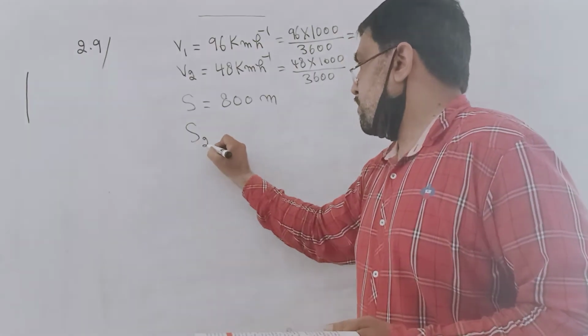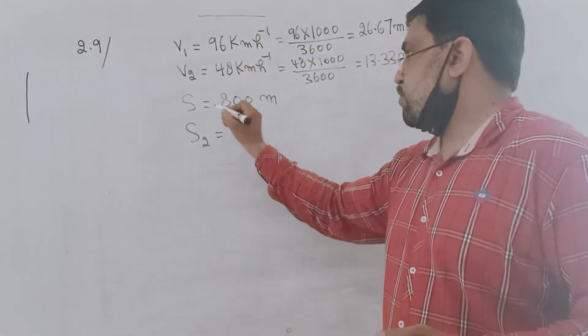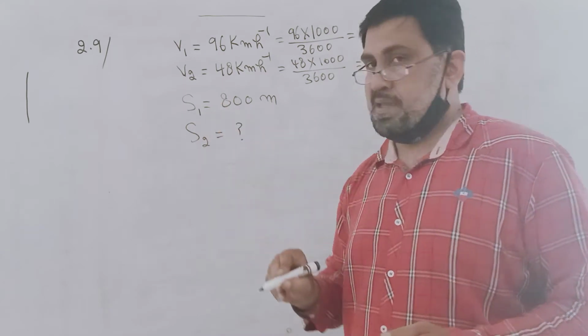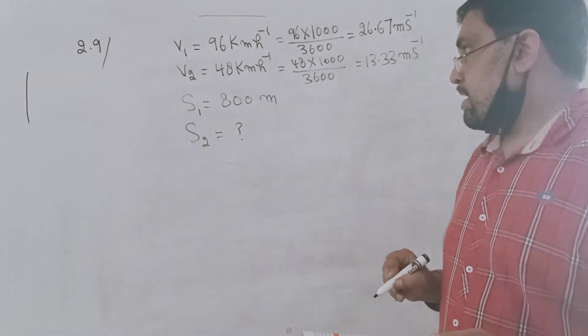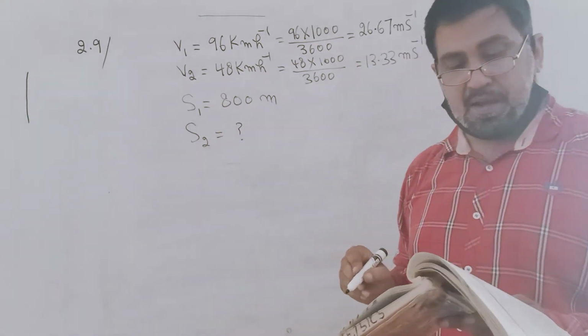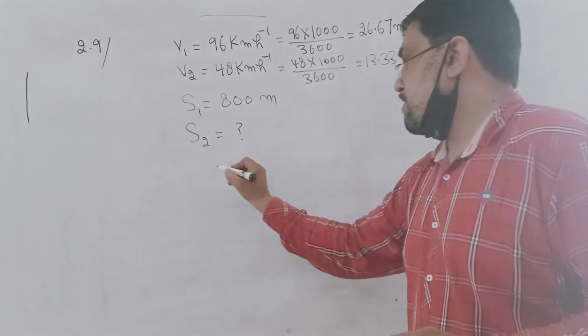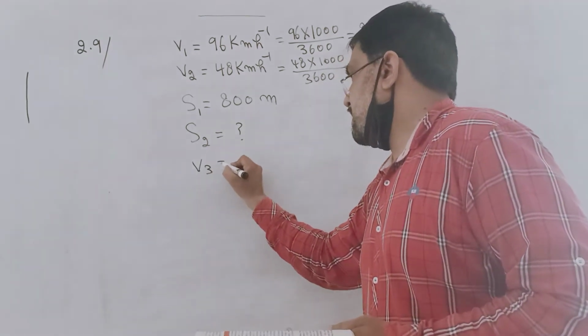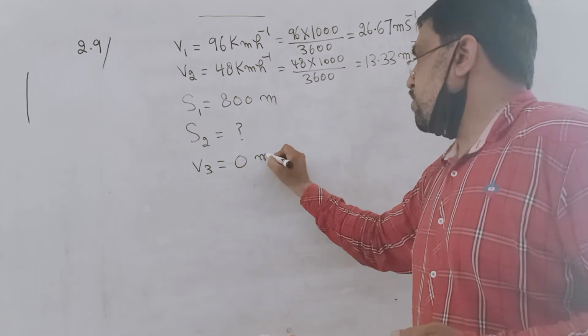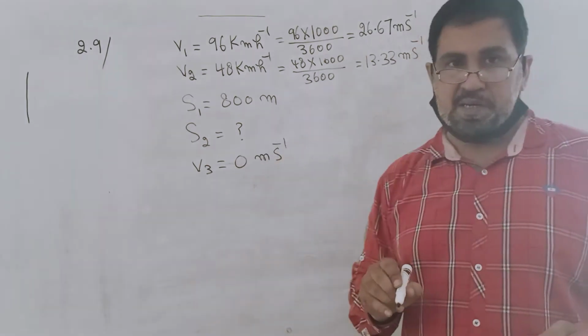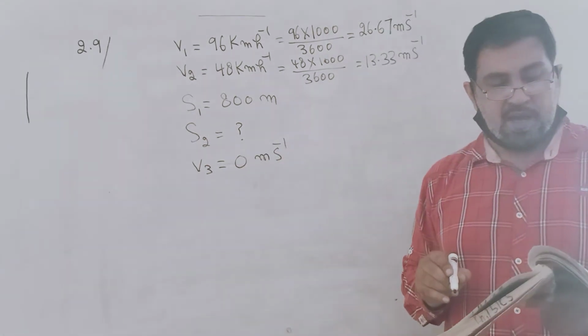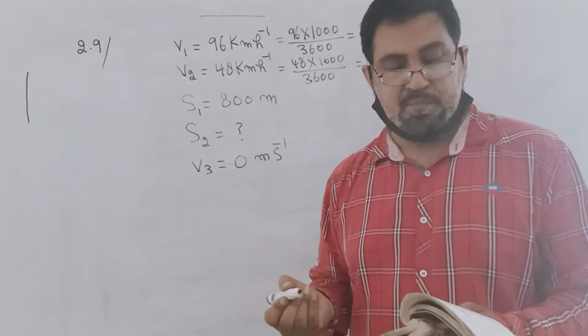S2 is the question, and we name this distance S1. If the train comes to rest, then V3 is equal to 0 meter per second, assuming the retardation to be constant.